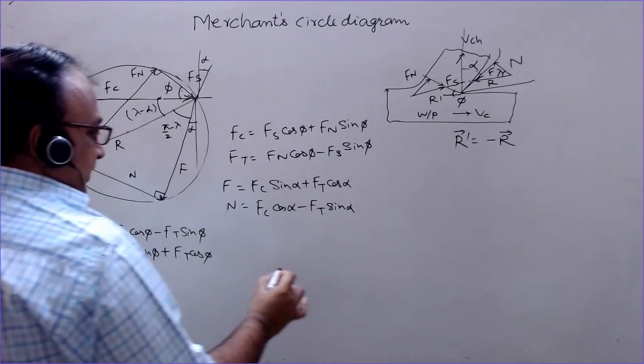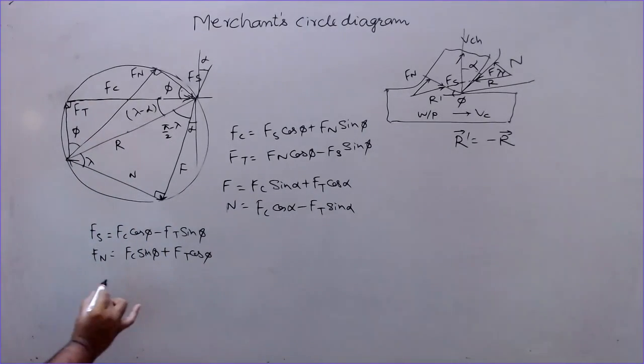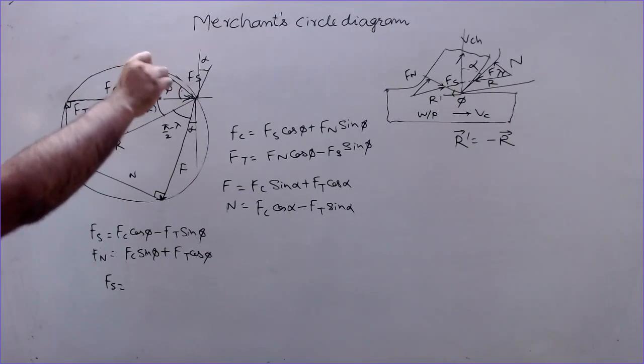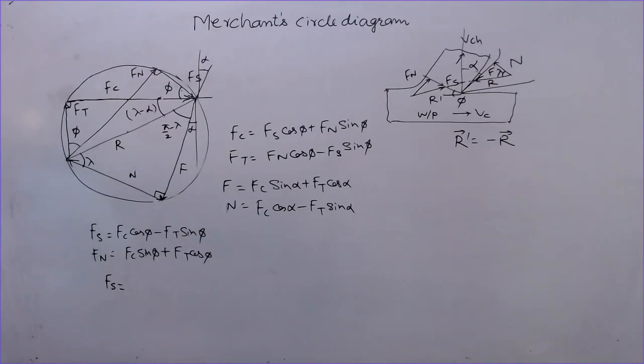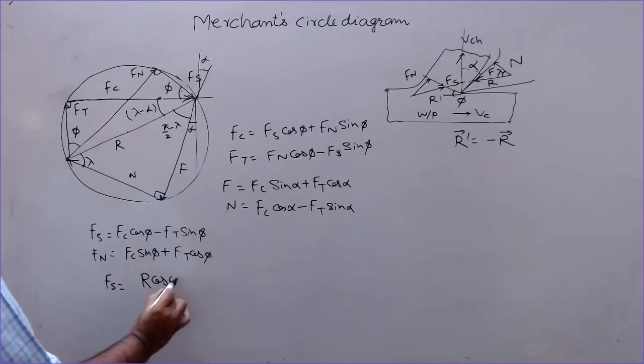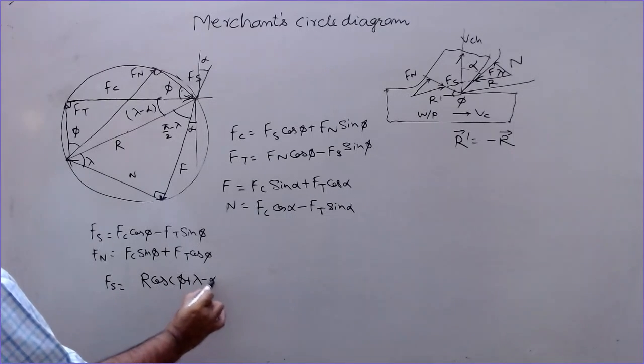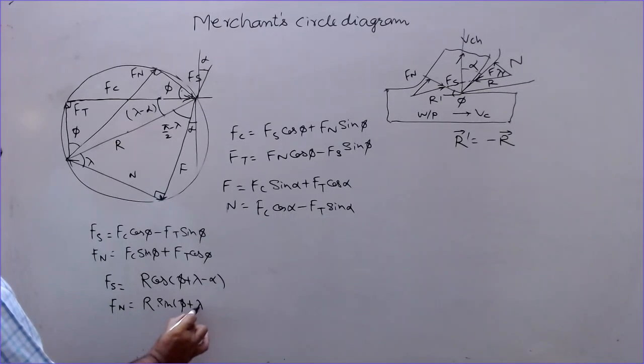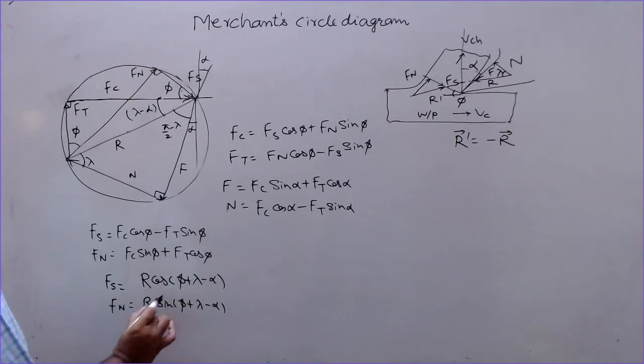So we can write that Fs is equal to, this force is Fs, R cos phi plus lambda minus alpha, and Fn is R sin phi plus lambda minus alpha.